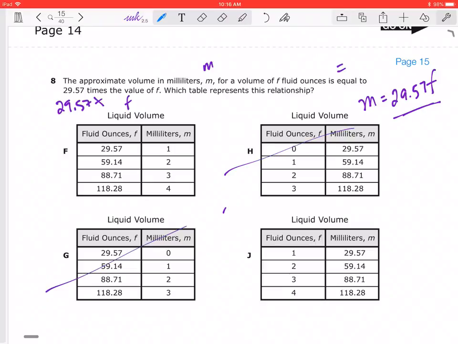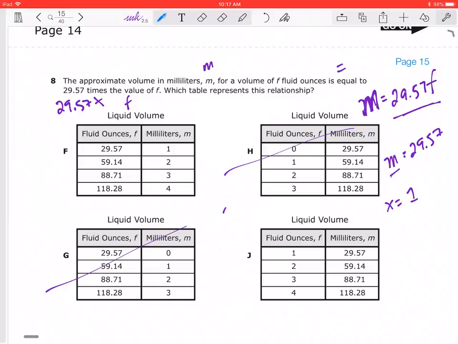Well, I need to make sure that I understand what these values are going to be equal to. I need to look at my slope, because my slope is my M value. My slope is going to be equal to 29.57. This is capital M, not lowercase m, so let's not get confused with my slope and the capital M. And that means that if my slope is 29.57, my x value needs to be 1.